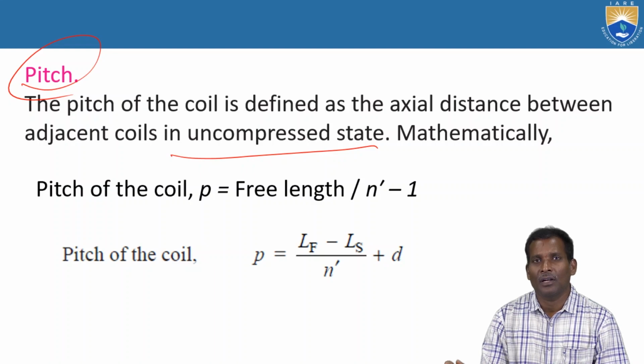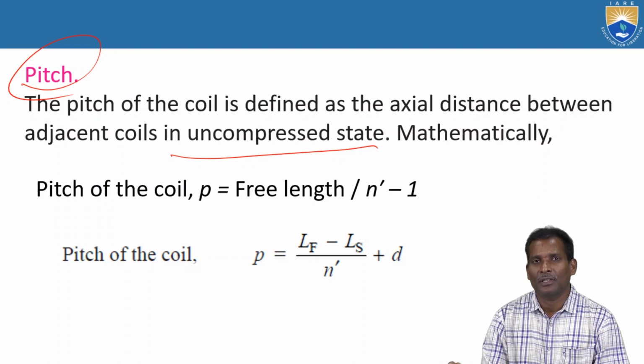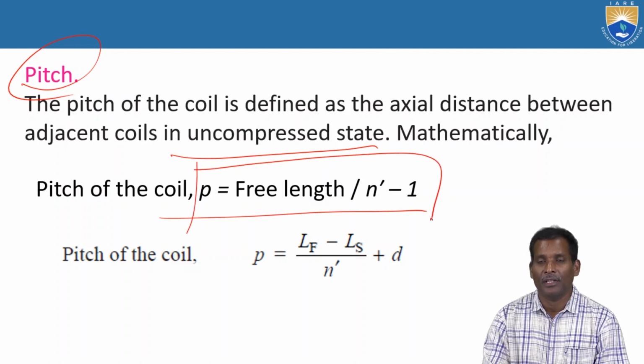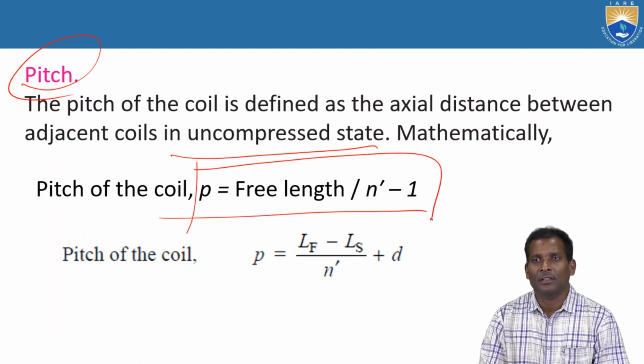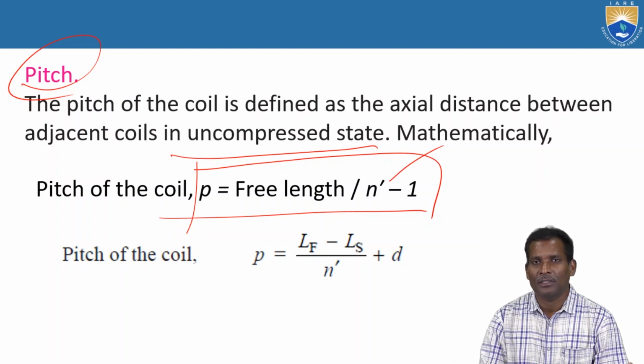So whenever it is not subjected to any load and not in a deformed position, measure that distance between adjacent coils; that is called pitch. The pitch of the coil is measured with the help of this empirical relation: free length upon N dash minus 1, where N dash is the number of coils and the free length we already discussed in previous slides.